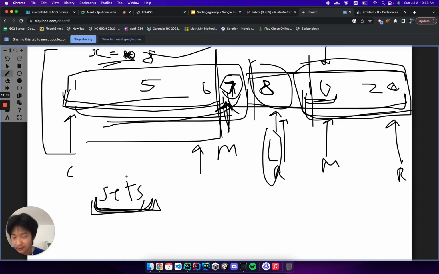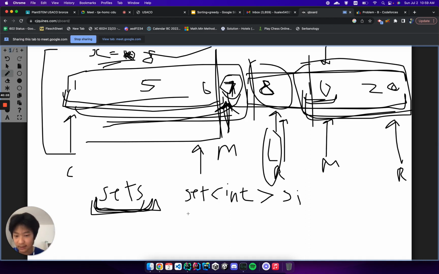So basically sets, the syntax is like this. You have set of some type value. I'm going to use int, and you use these angle brackets, like shift comma shift period on your keyboard, and then the name of the set.